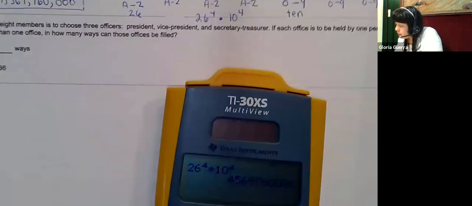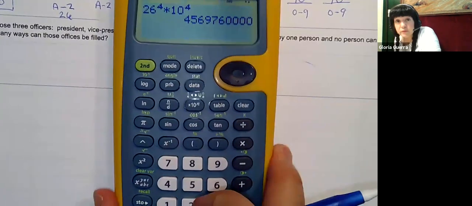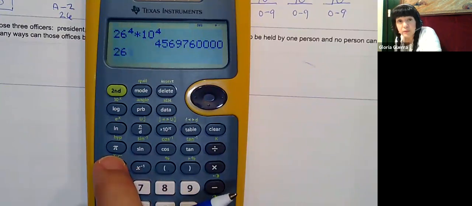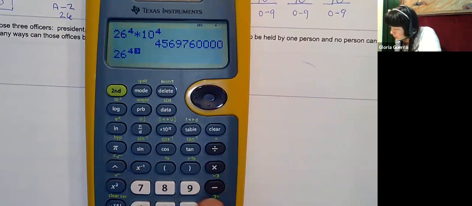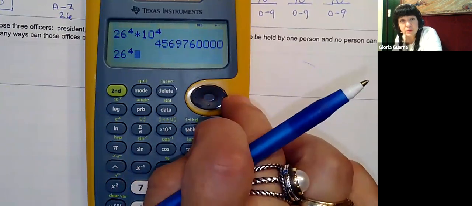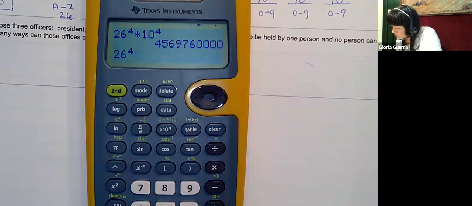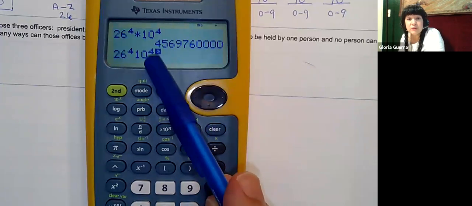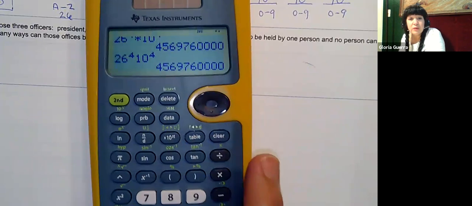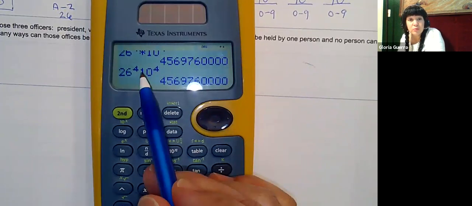Okay, let's try that again. I have 26, then the caret key to the 4th power, and then you do have to push that down. So you hit this side arrow here, and then you have 10 raised to the 4th power. Here I didn't do times, and I get the same thing. So I didn't have to put times, but I do have to push it down.